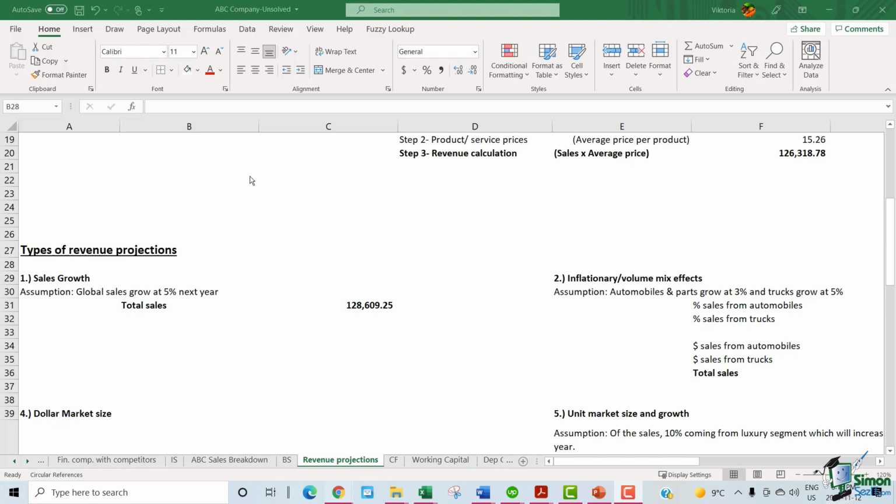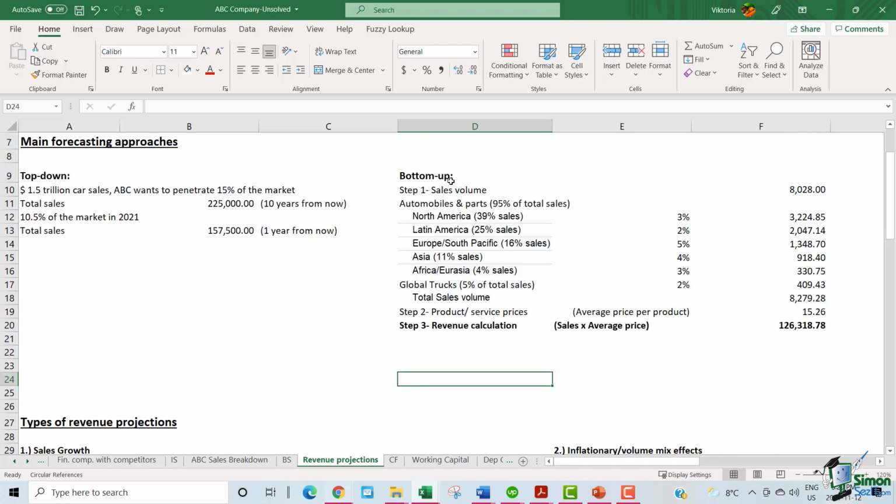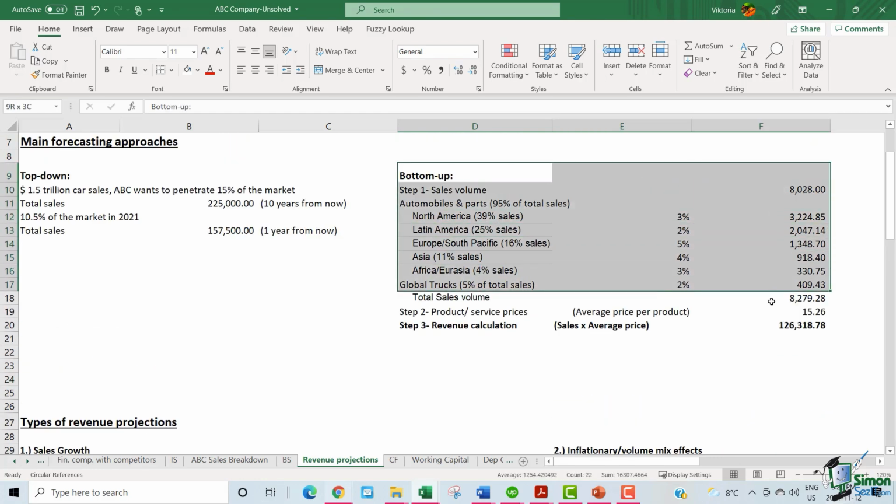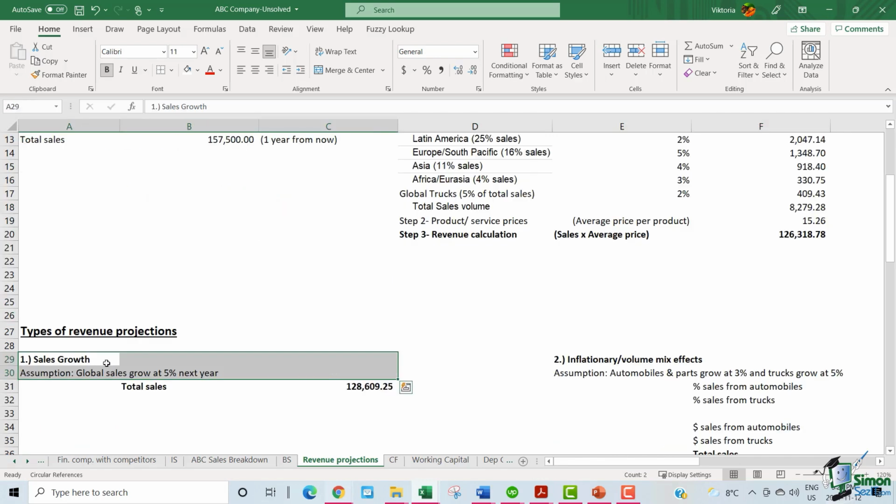Remember that each business is different and you need to understand the business and see what information you have available to determine the most appropriate revenue projection type. In the previous module, you may recall that we identified the bottom-up approach as the preferred approach for forecasting sales, and we have now determined that the sales growth approach is the most appropriate type of revenue projection that we can use to project revenues for ABC.